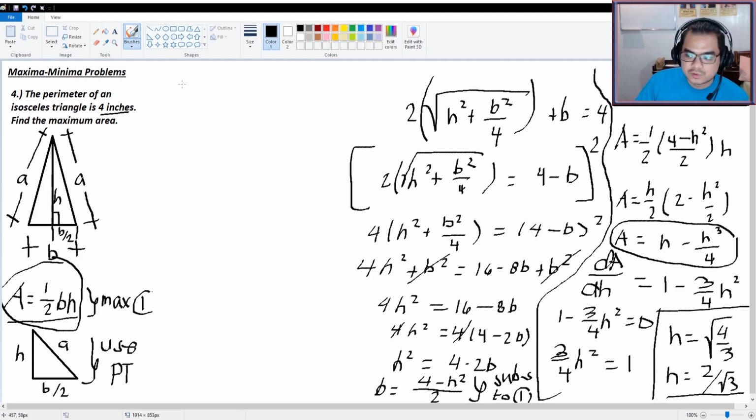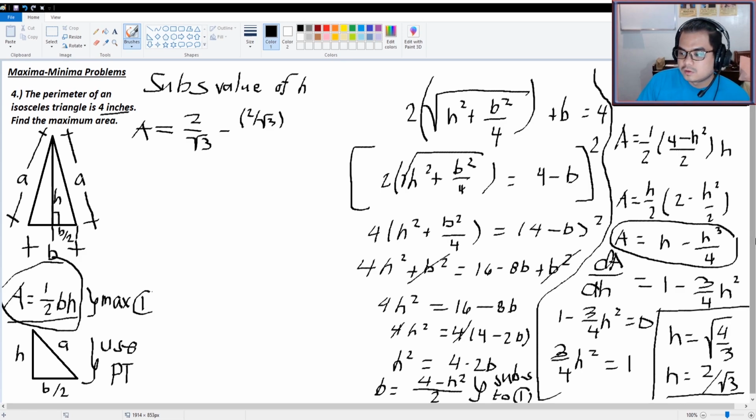Now substitute the value of h. Therefore, you'll have A now equal to 2 over square root of 3 minus 2 over square root of 3 cubed, all over 4.